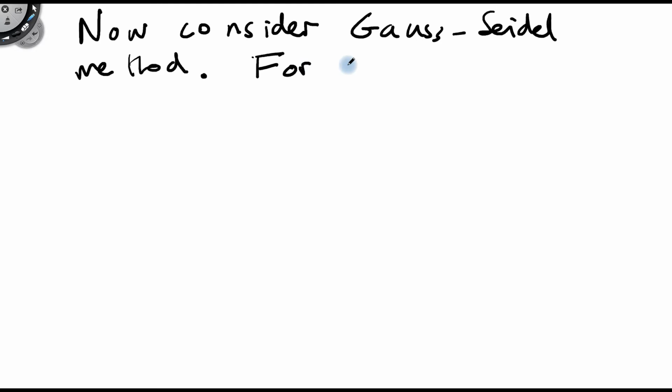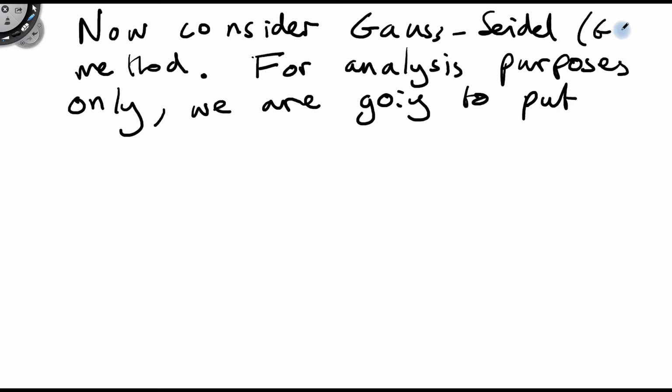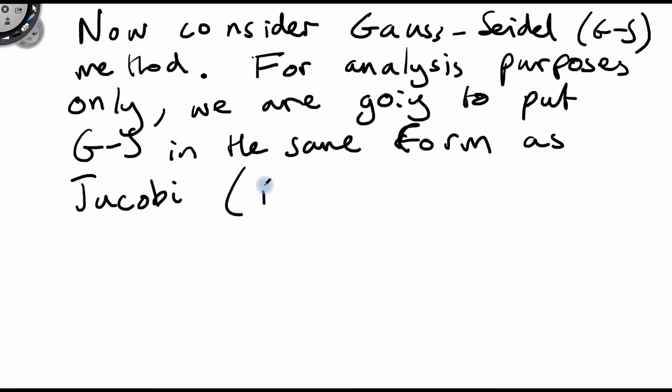So for analysis purposes only, we are going to put Gauss-Seidel, which we call GS, in the same form as Jacobi, i.e. x of n plus 1 equals c minus B of x of n, that sort of thing.